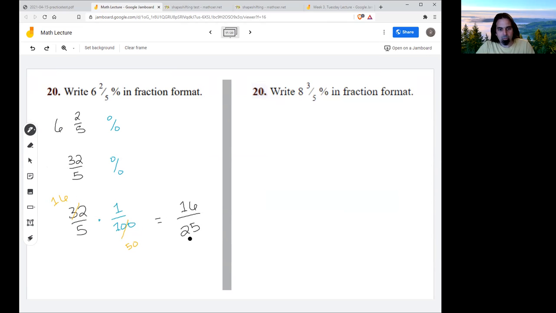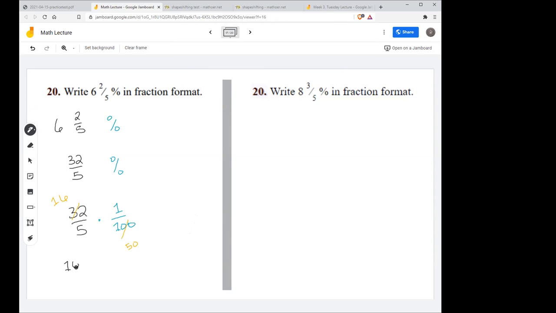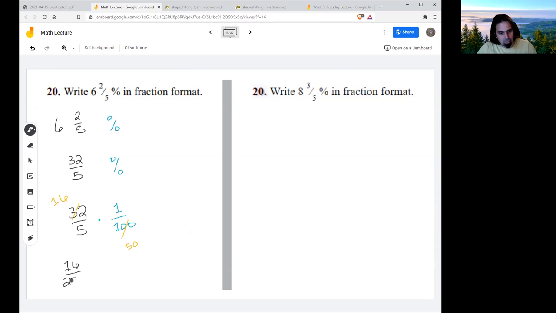I am sorry. I am again thinking too much of what I am going to do and not what I just did. So that's 16 over 250. I could cancel more, but I'll just start reducing.